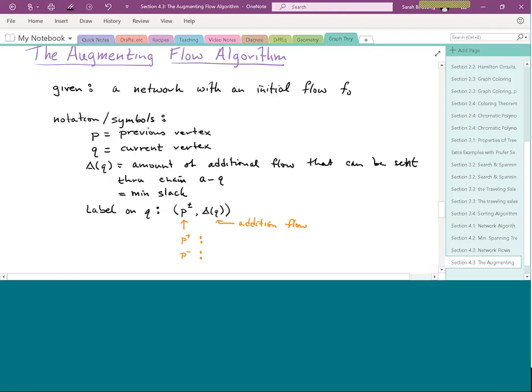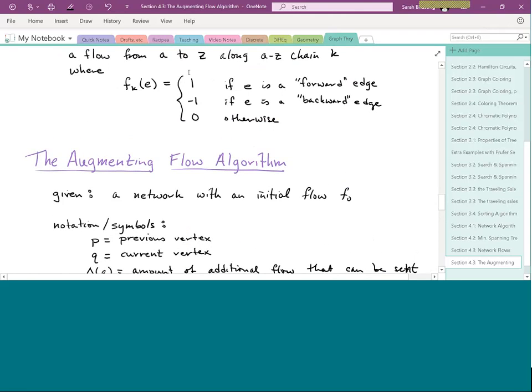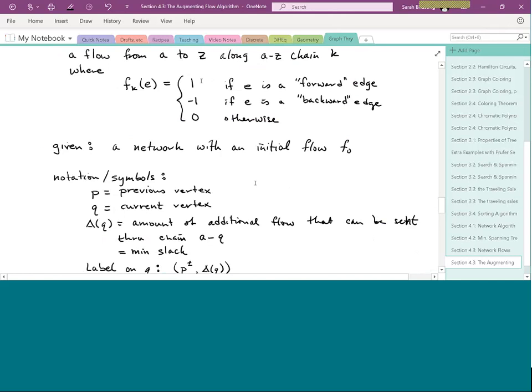So if you started at P previously and you followed a forward edge to get to the current vertex Q, that's a plus. And if you were coming from vertex P previously and to get to Q you followed an edge in the backwards direction, so in terms of how you progressed, in the same direction of the edge or in the opposite direction of the edge, if you follow the backwards edge, there's where the little negative is. Please note those pluses and minuses totally are coming from this notation right here of your flow along a forward or a backwards edge.